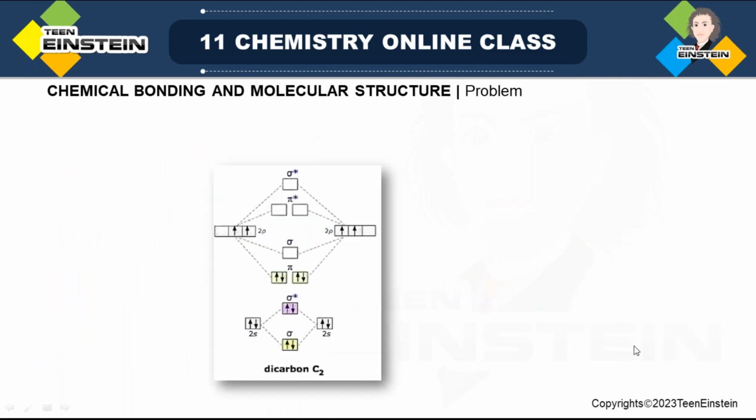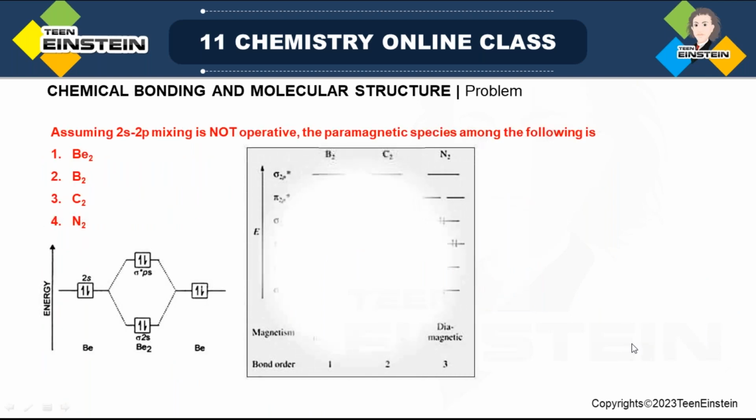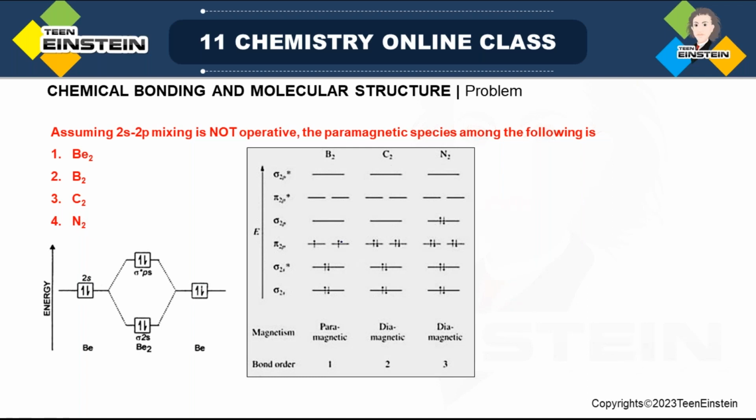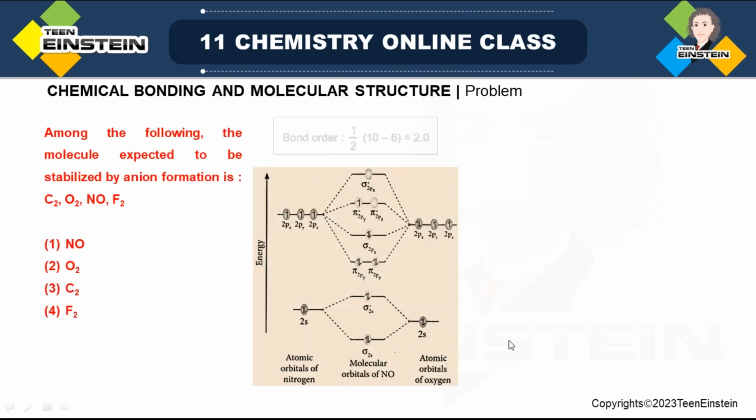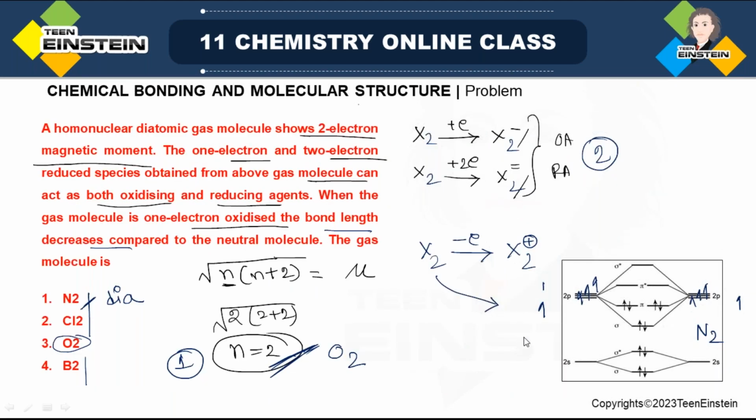You can also check it here, that is, what happens for B2. For B2 it is basically pi, then sigma, then pi, then sigma. So there are 2 unpaired electrons present, right? Sorry, this diagram should be here.